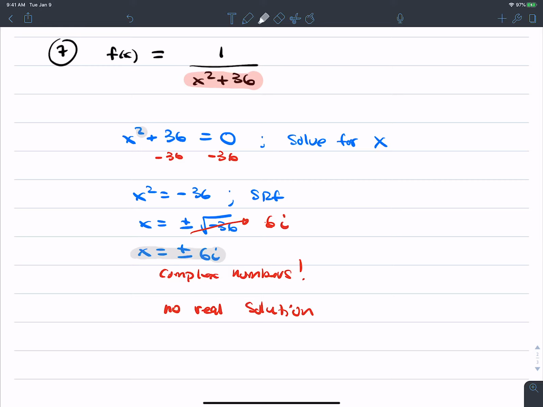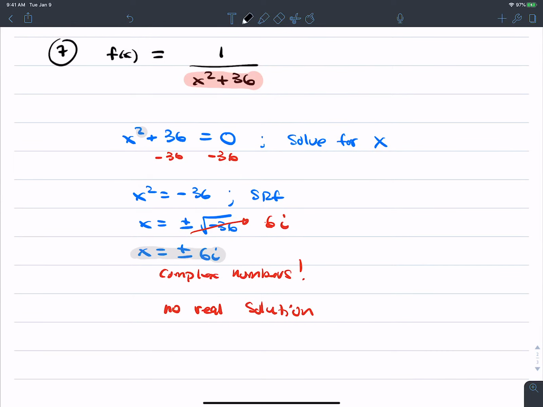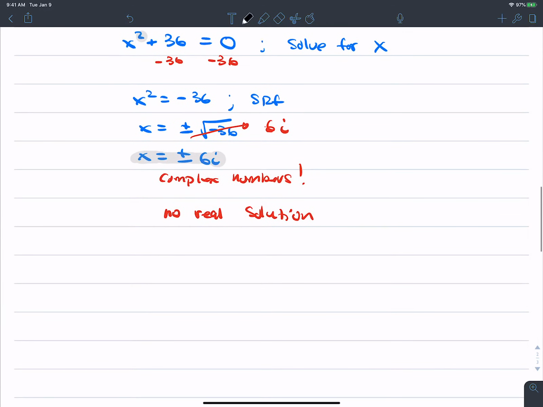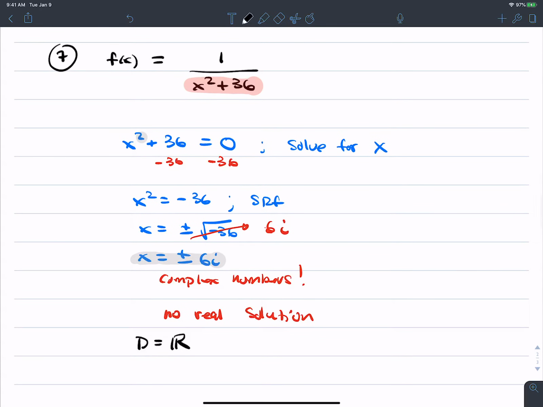And so that would mean that our domain, in the context of real numbers, is really all real numbers because there are no rocks here. So x squared plus 36 will never be 0, and this is what this means.